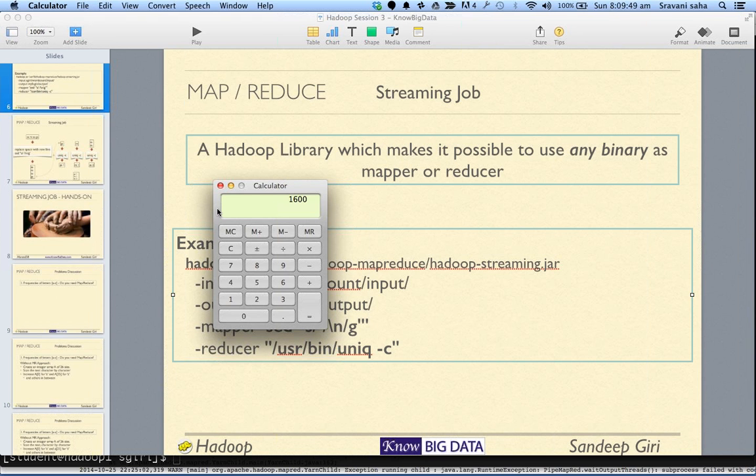If you have a replication factor of 3, then there are going to be 1600 times 3, which is 4800 blocks in total. All right.